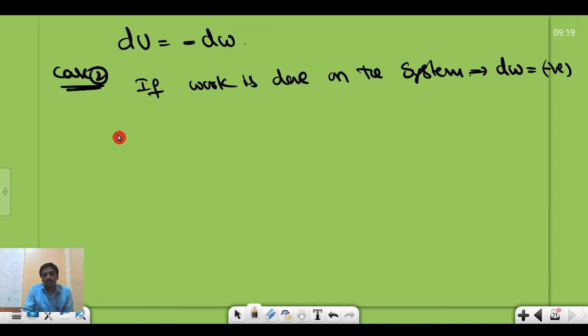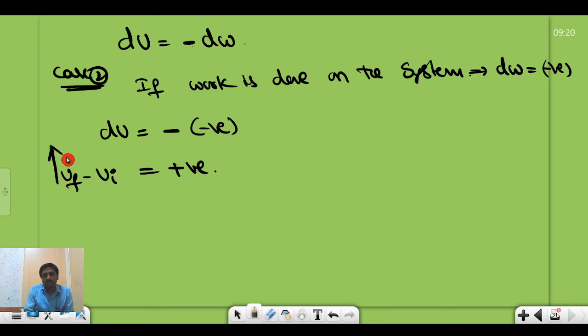Substituting in the above equation, dU is equal to negative of negative value, which is a positive value. dU is nothing but the final internal energy minus the initial internal energy. Since this value is positive, the final value is the larger value and the initial value is the smaller value. That means the final internal energy is more.